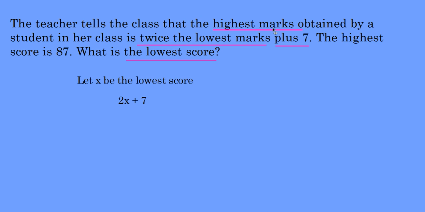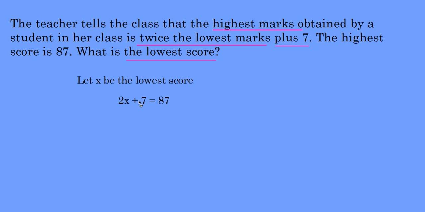This is the highest mark. But the highest mark is given in the question as 87. So the given condition you change into the equation as 2x plus 7 is equal to 87.